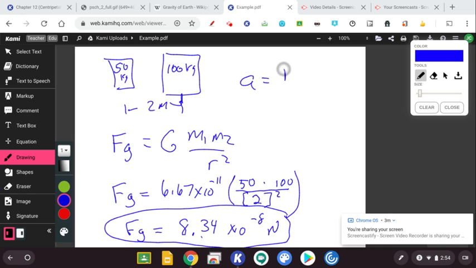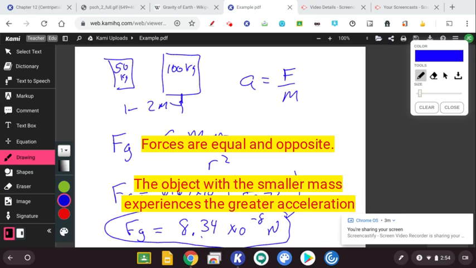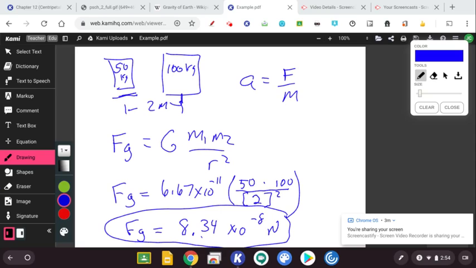Acceleration is equal to force over mass, and so the acceleration that the 50 kilogram object experiences is going to be twice that of the 100 kilogram object. Of course, if there's friction, then the force of gravity may not even be able to overcome that friction. So that's how you're going to solve one of those problems.